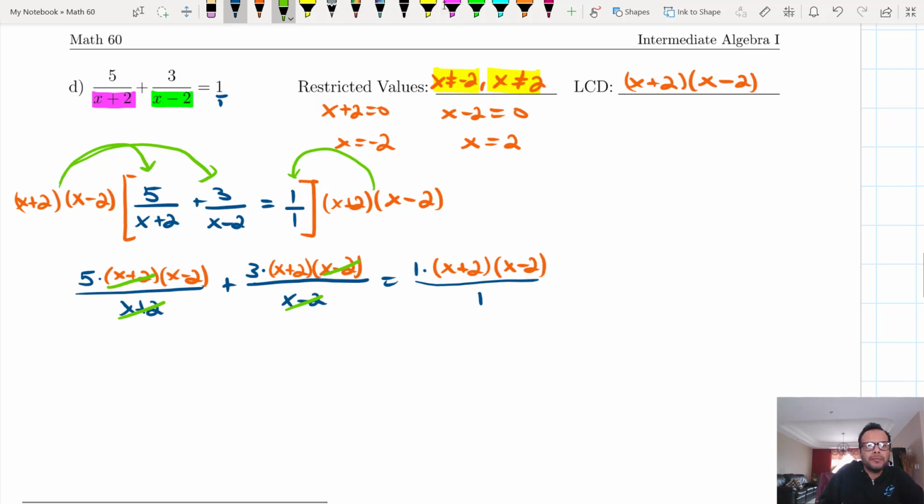So we are going to be left with 5 times x minus 2 for the first term, those are the two terms that survive, plus 3 times x plus 2 equals the quantity x plus 2 times x minus 2.